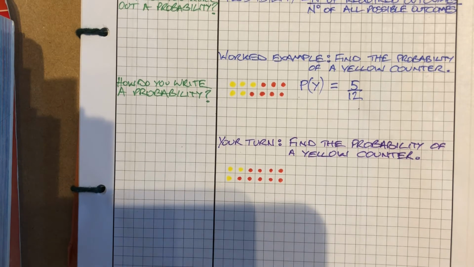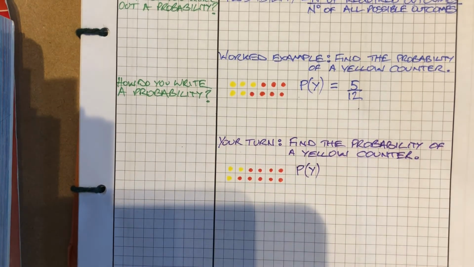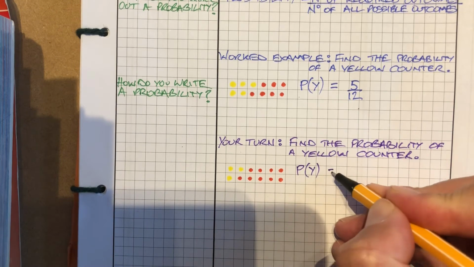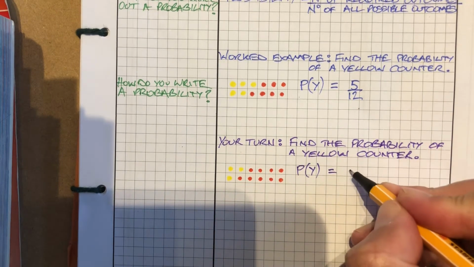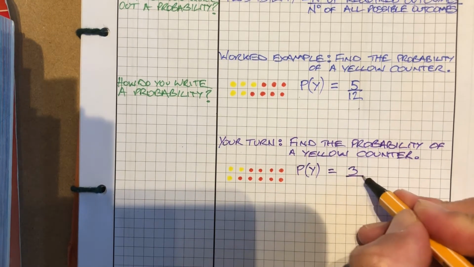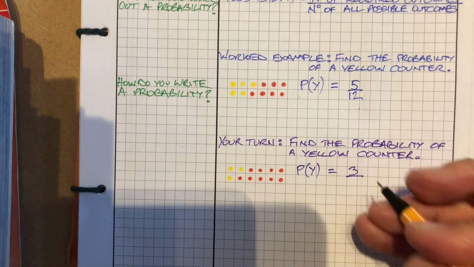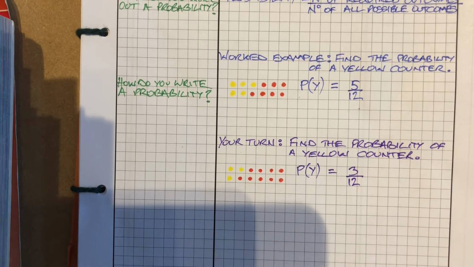Okay, let's do this then. So again, P bracket Y means the probability of a yellow counter, and that is count all the yellow counters, 1, 2, 3, over count all the counters, and again there are 12. So the probability is 3/12.